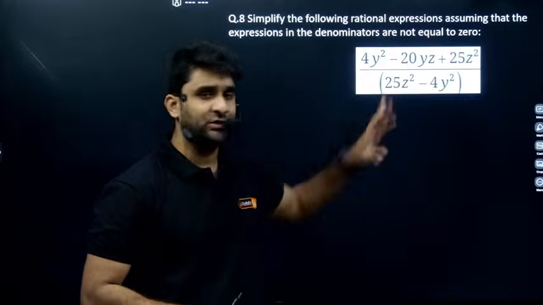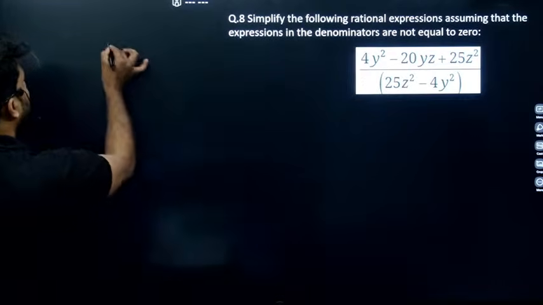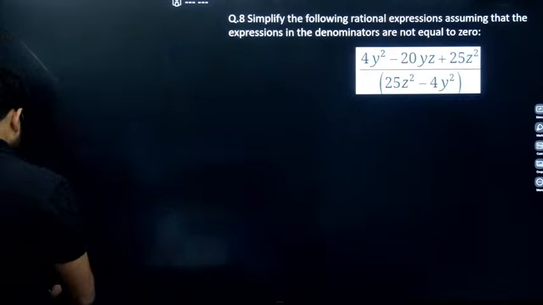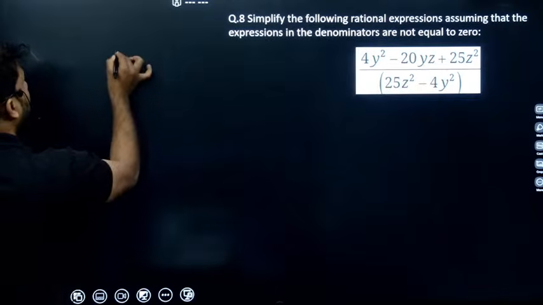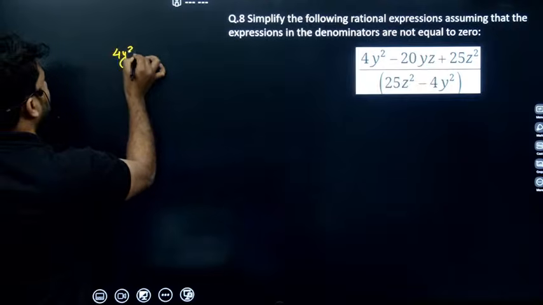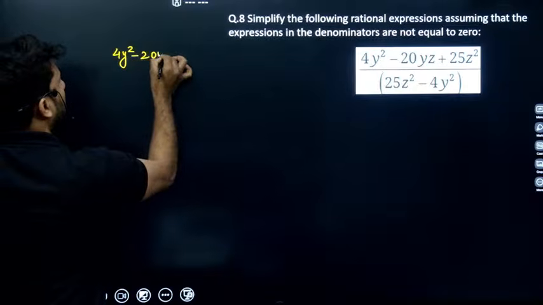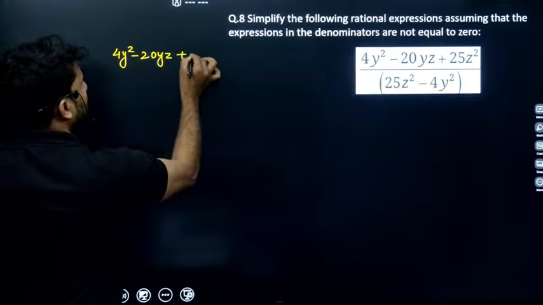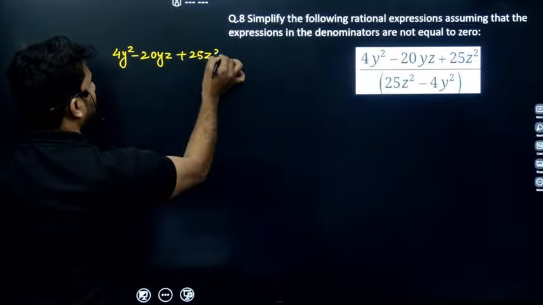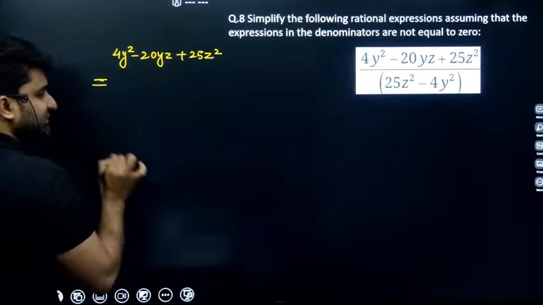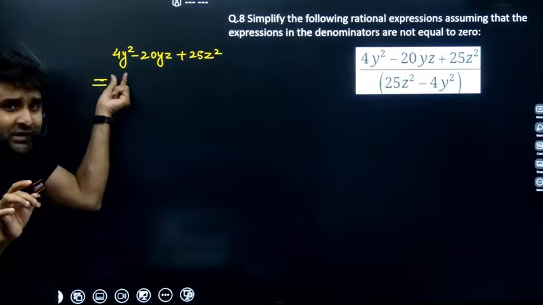Look at the first numerator. The numerator is 4y square minus 20yz plus 25z square. Everyone, please focus.